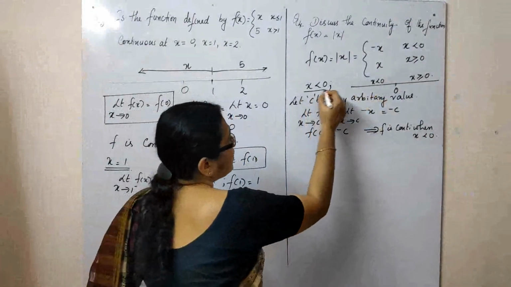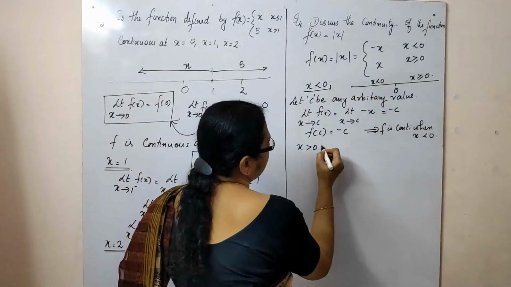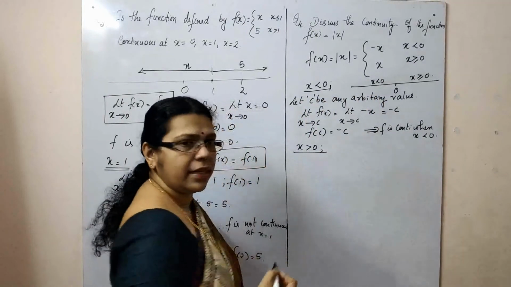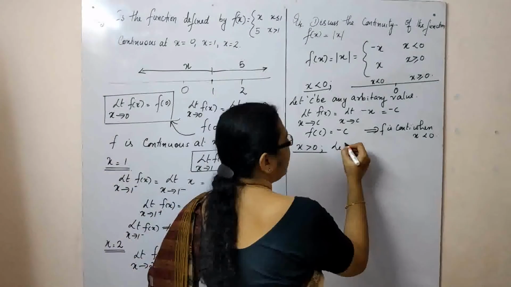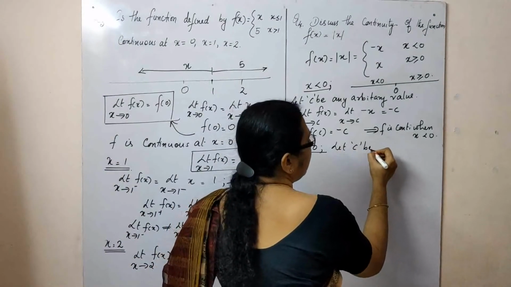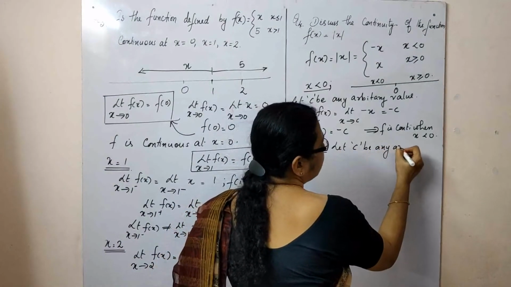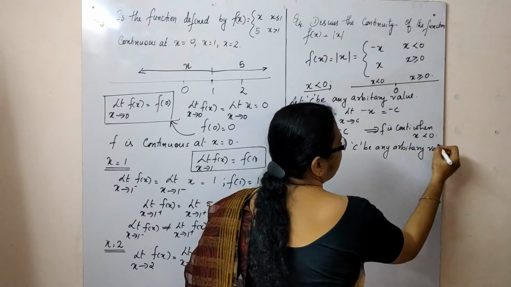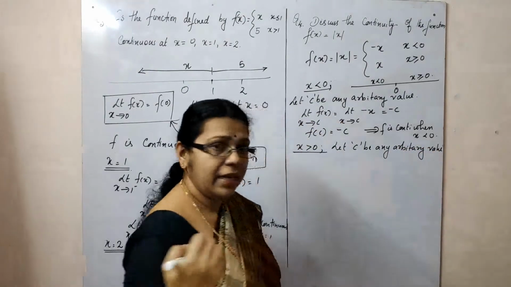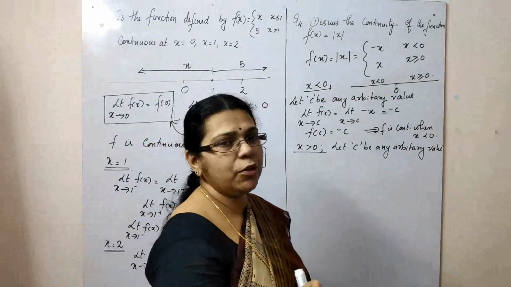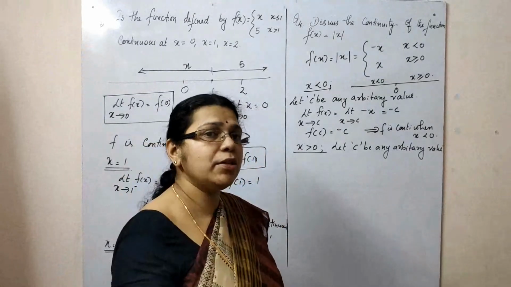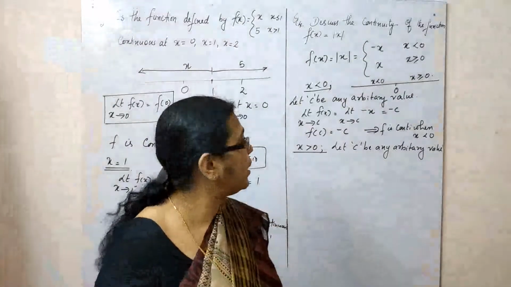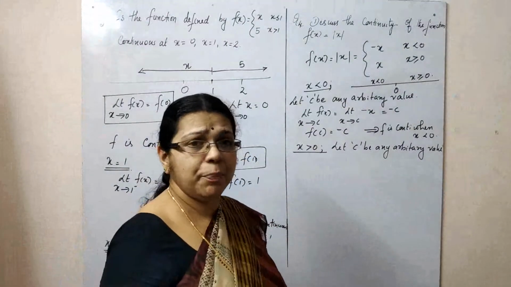Now when x is greater than 0, similarly I take any arbitrary value. Let c be any arbitrary value. Arbitrary value means what, children? Any value, not specifically given, but it can be any value. Some of you feel like taking 4, some 5, any positive value.